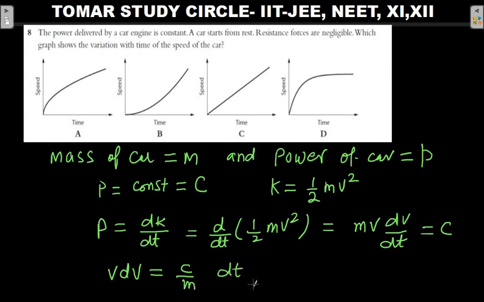The conditions are given as at t equal to 0, v equal to 0, and after time t equal to T, v becomes capital V. On integrating this equation within the proper limits, we integrate v dv equal to C by m dt.